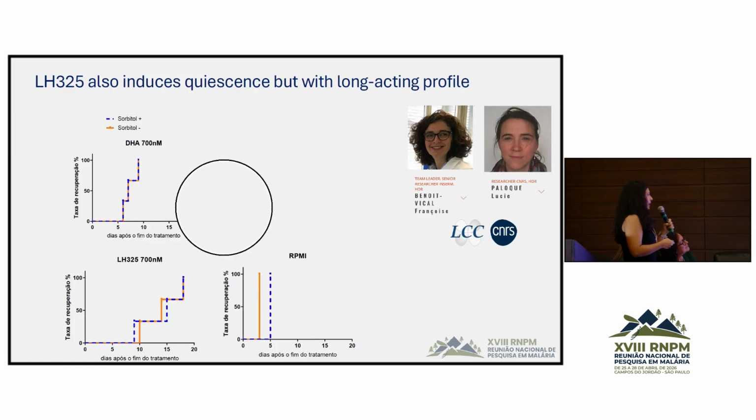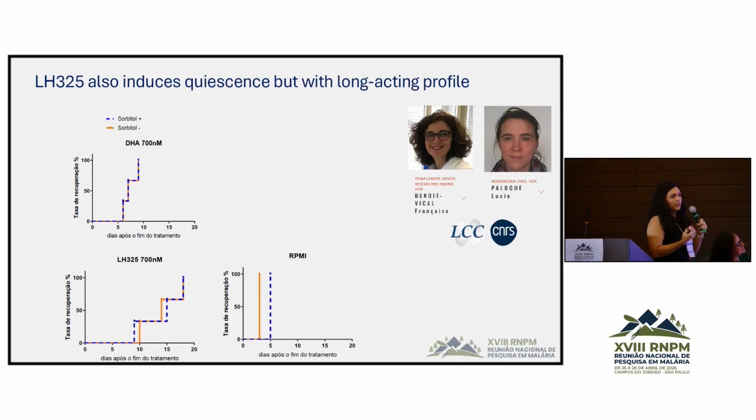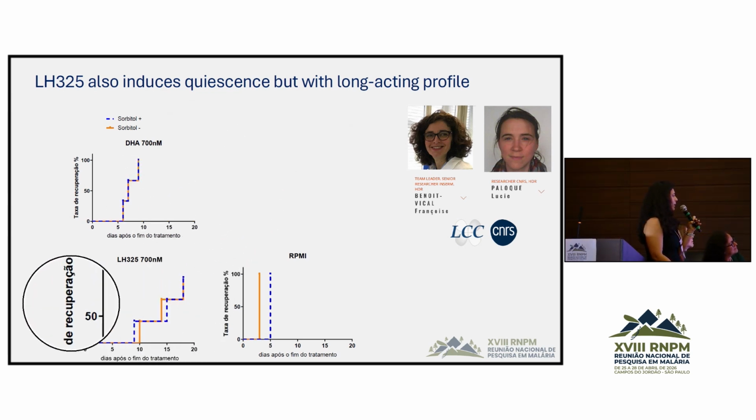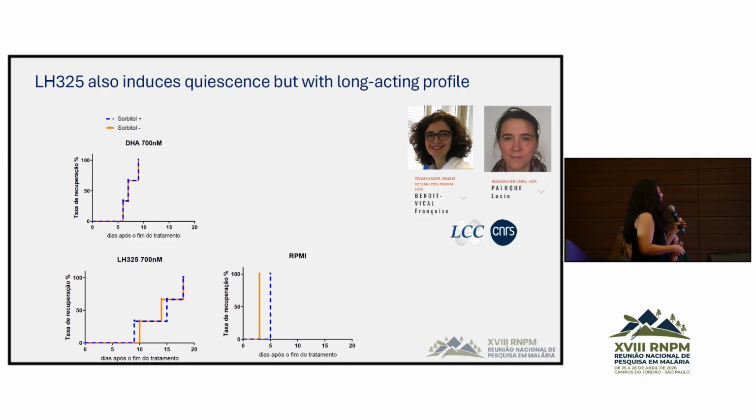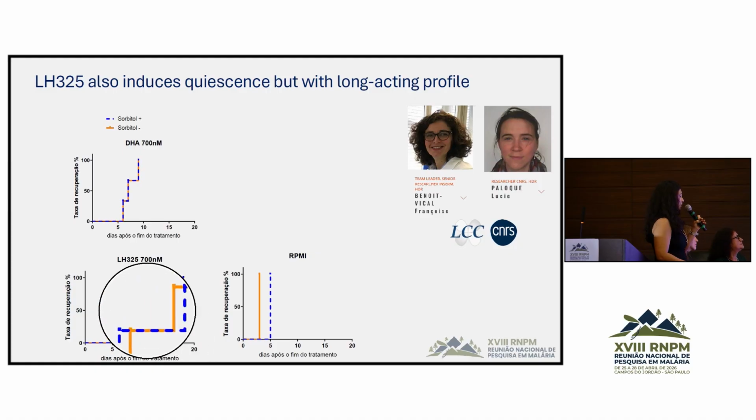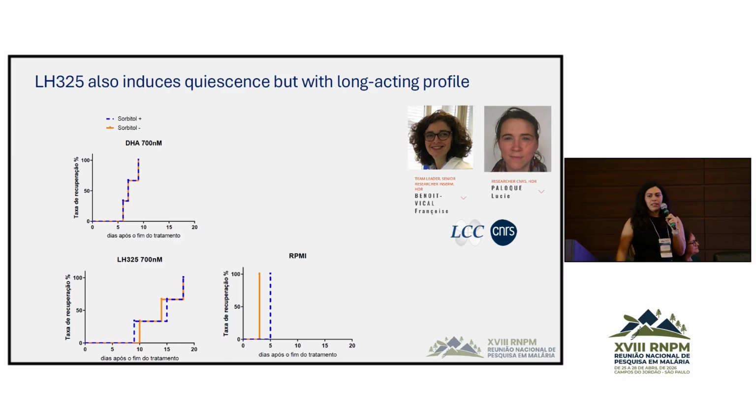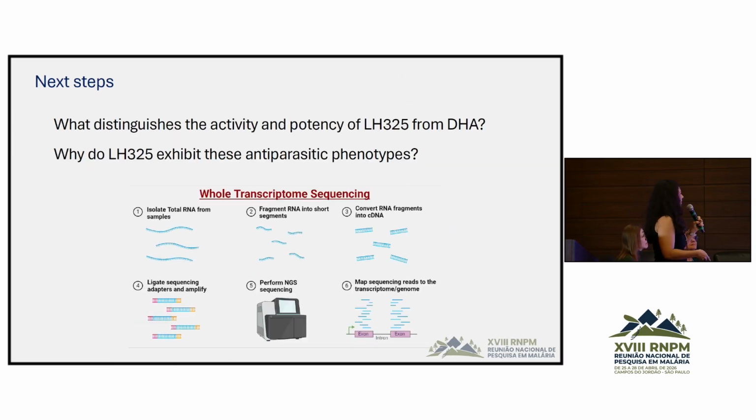So what we noticed was, as expected, artemisinin induces quiescence, and LH325 induces quiescence with long-acting profiles. Since it is derived from artemisinin, what we noticed was that the recrudescence of the parasites treated with LH325 is always later, probably because of this long duration effect.